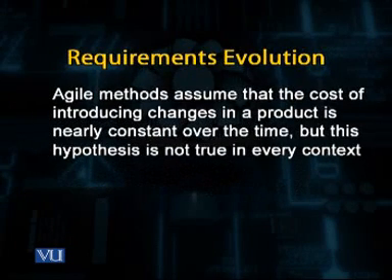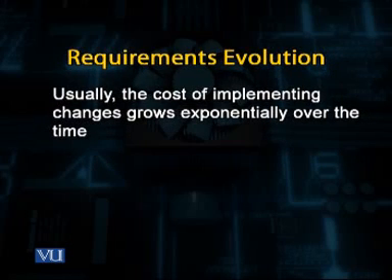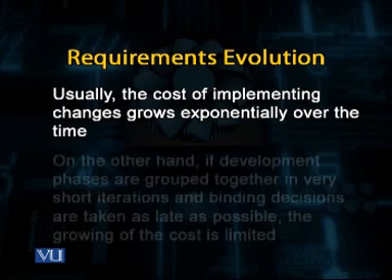However, agile methods assume that the cost of introducing changes in a product is nearly constant over time. This hypothesis is not true in every context. Usually the cost of implementing changes grows exponentially over time.